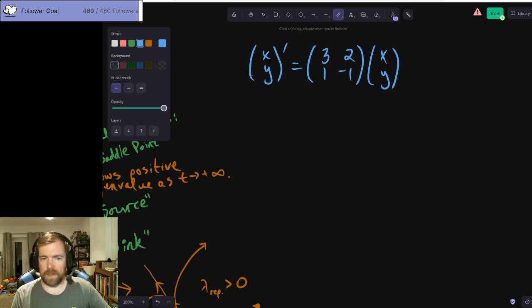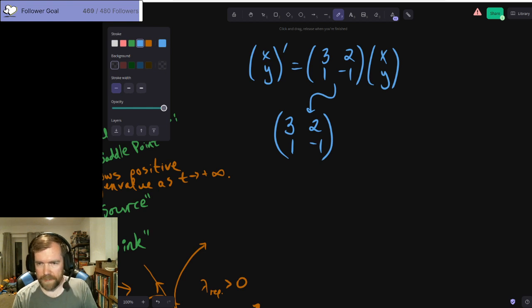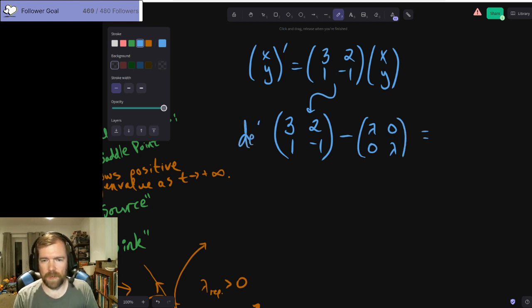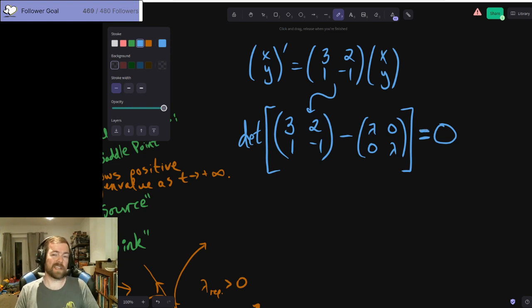Earlier we said the easiest way, well, we didn't say the easiest way, but the way we were exploring earlier, was we take our A matrix, [3, 2; 1, -1], and we subtract lambda [1, 0; 0, 1], and set the determinant of this equal to 0 in order to make sure that we had a non-invertible matrix, so that we could come up with an eigenvector xi.